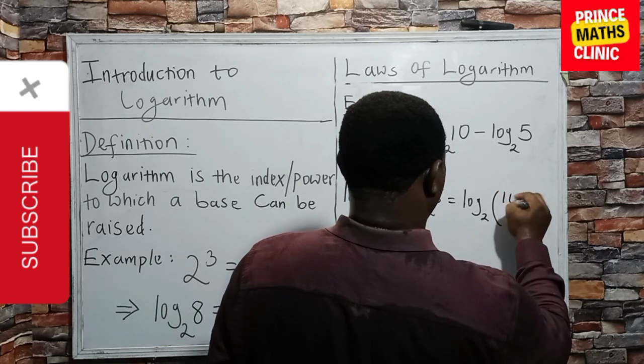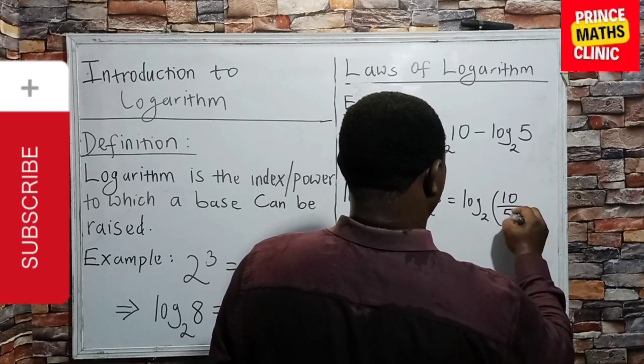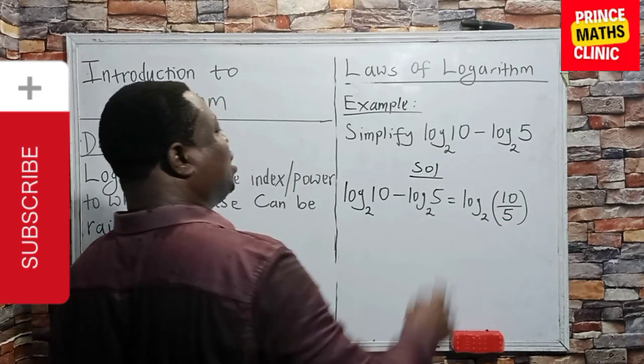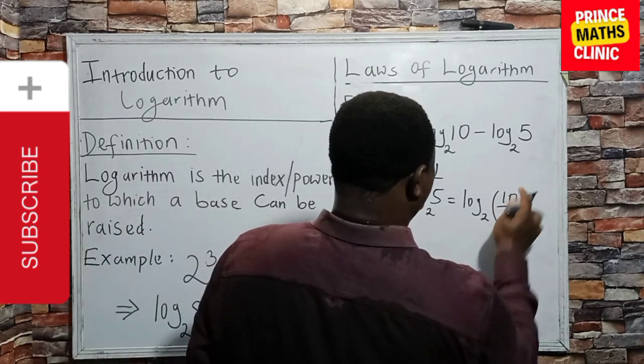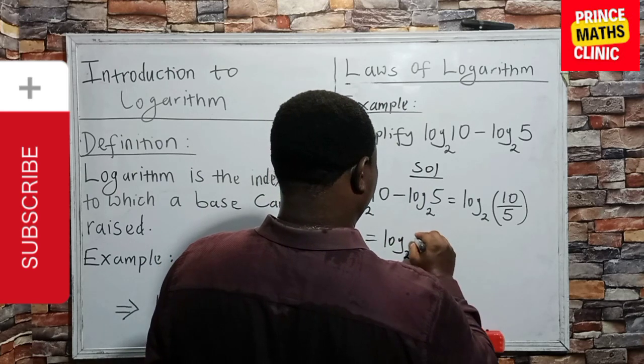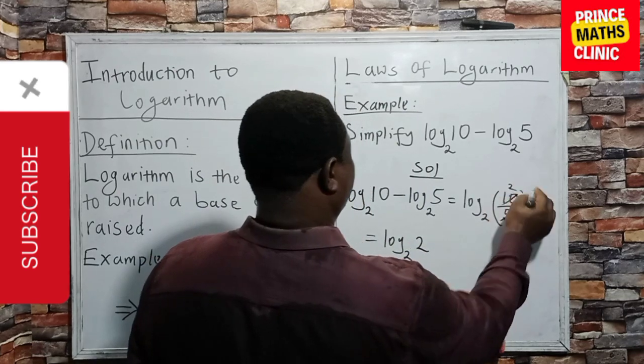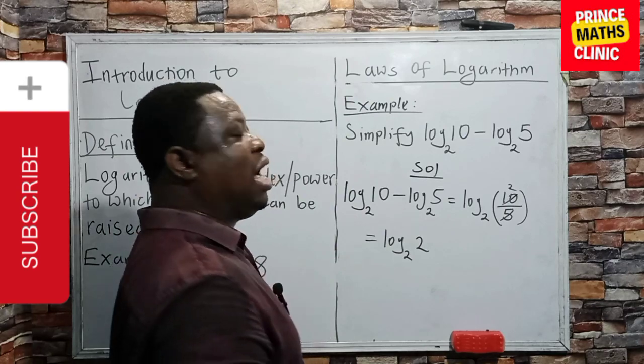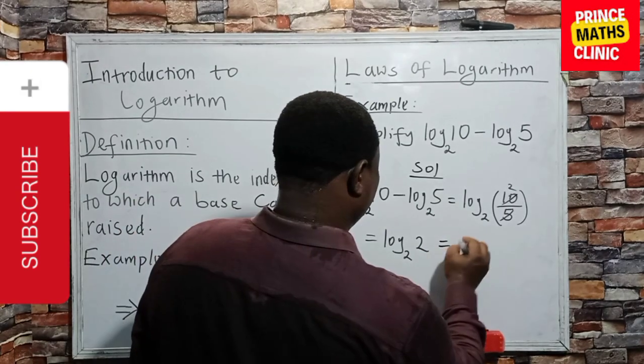Then you have 10 divided by 5. In this case, the base is base 2. And 5 can go in 10 how many times? 2 times. So I have log 2 base 2. And log 2 base 2 gives me what? 1.